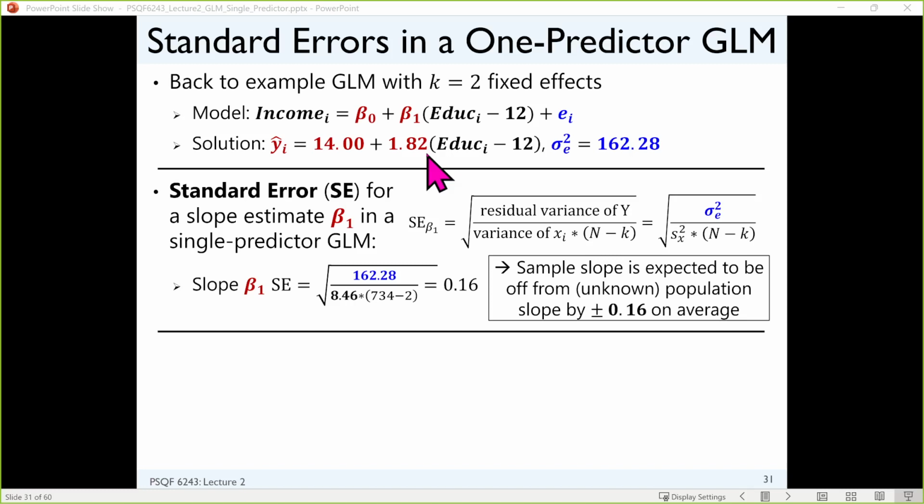That's how wiggly or inconsistent that answer is expected to be. Now that's pretty small, and it's small because we got a lot of people. So even though we don't know what the correct answer is supposed to be, and even though we don't have repeated samples in real life, we can still use this machinery to anticipate how inconsistent our results would be across repeated samples.